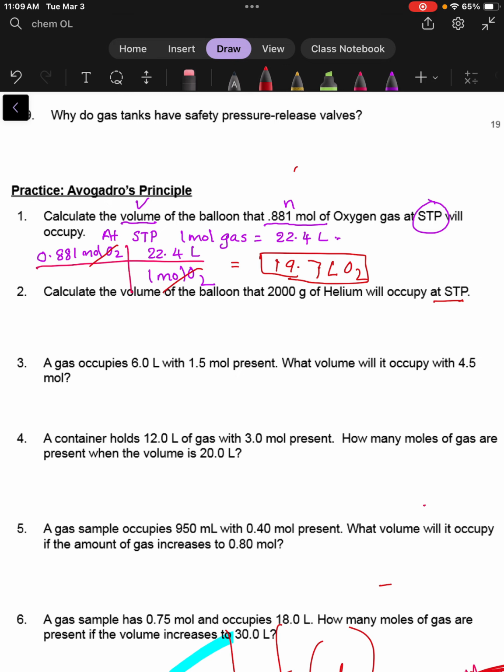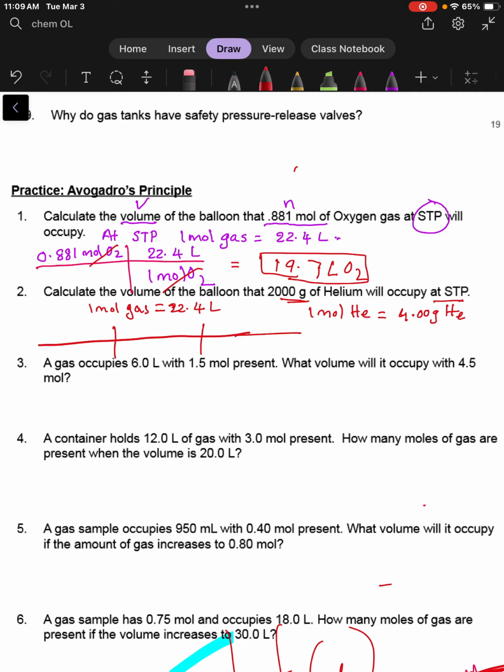Okay, try the next one. Next one is also STP, so you can use the conversion factor: 1 mole of a gas, only for gases, is equal to 22.4 liters. And since it is given in grams, we know the conversion from gram to mole. 1 mole of helium, look at the periodic table, is 4 grams of helium. So that is 2 conversion factors, and again start the T chart.